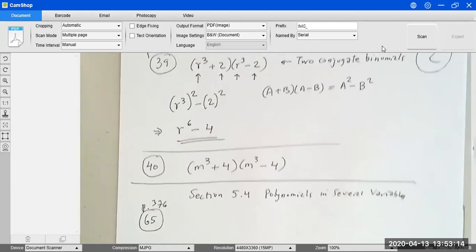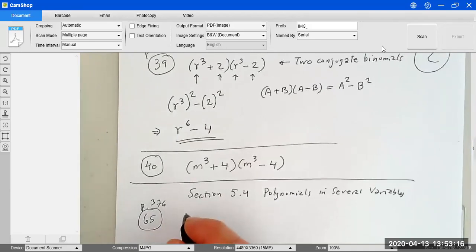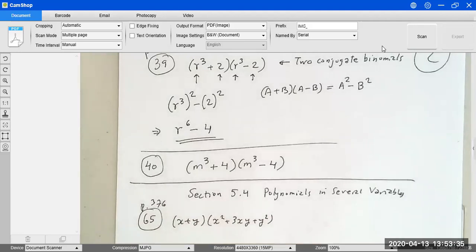So the product is just x plus y that multiplies x squared plus 3xy plus y squared. So there is a binomial multiplying a trinomial.